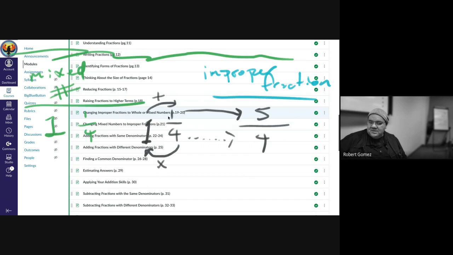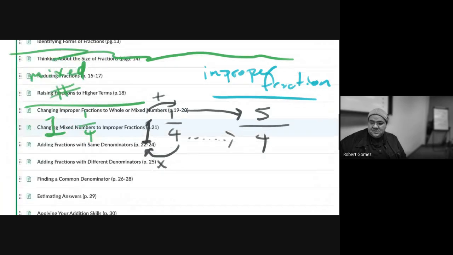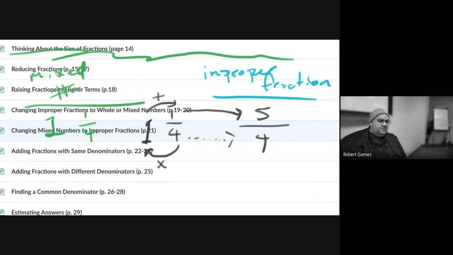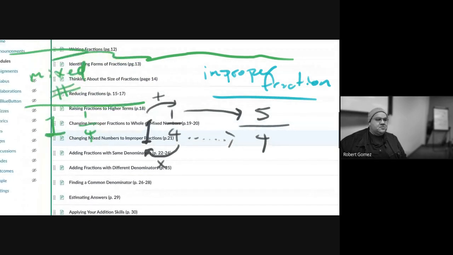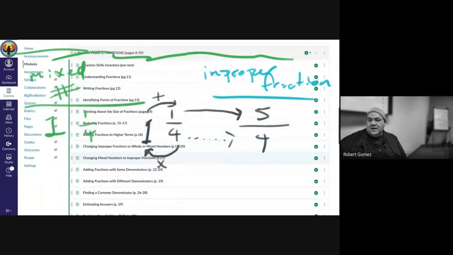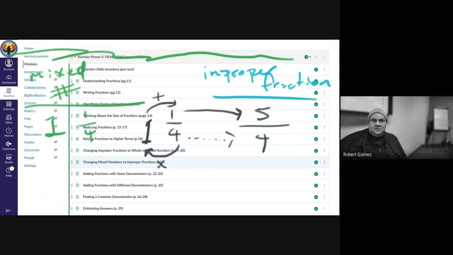Pages 19, 20, and 21 have those additional skills in Number Power 2. So if you're having issues remembering that stuff, that's where you're going to find some extra practice. And you might actually find some different techniques that might help you get through it. Yeah, sure, absolutely. You're more than welcome to.